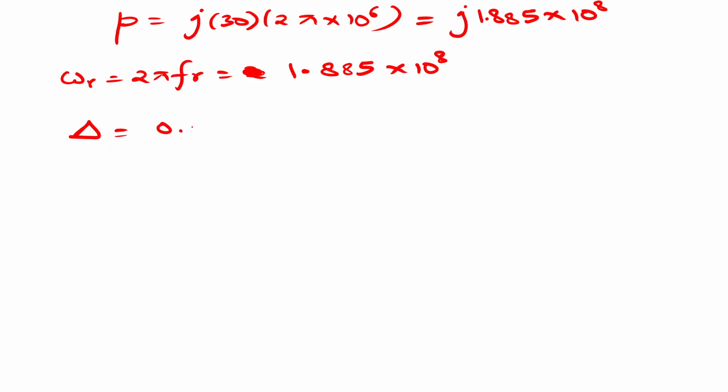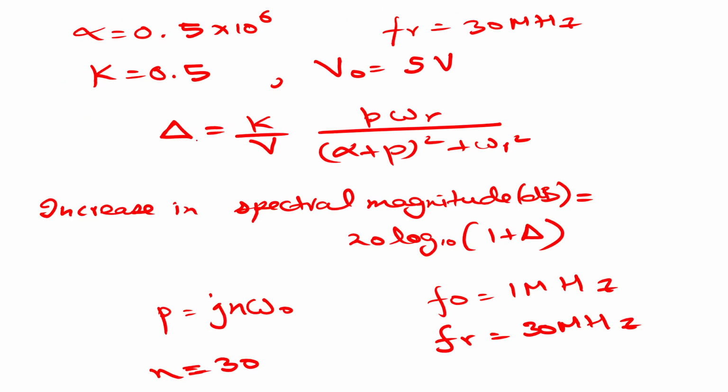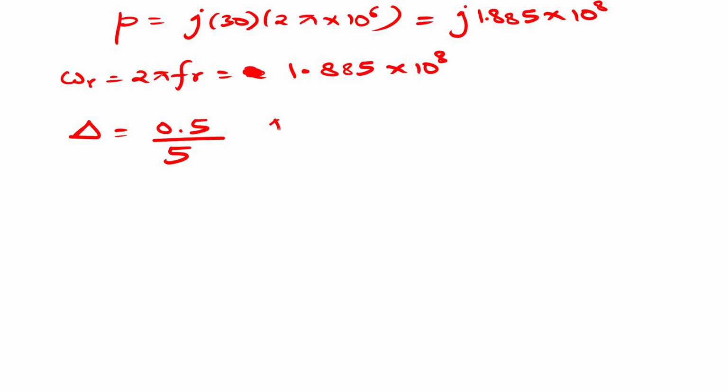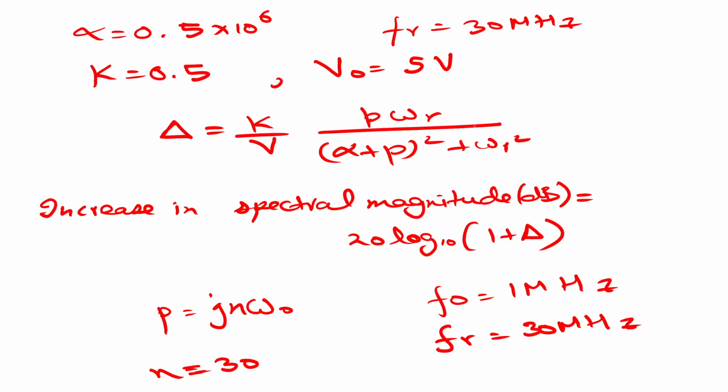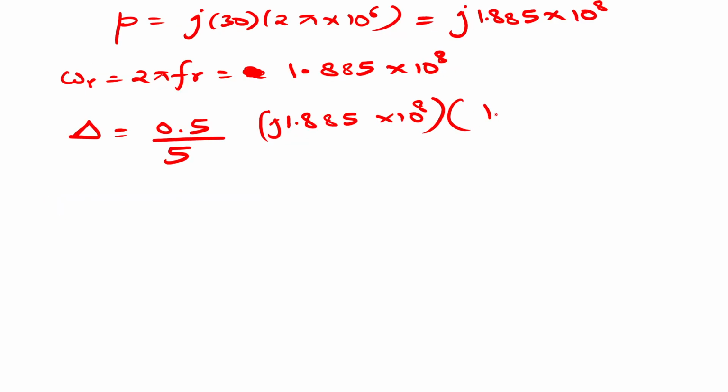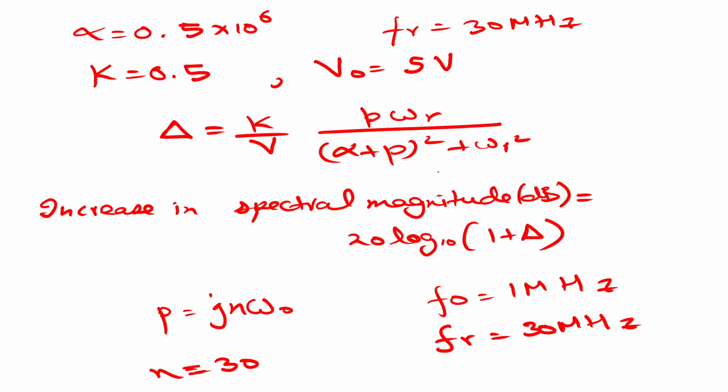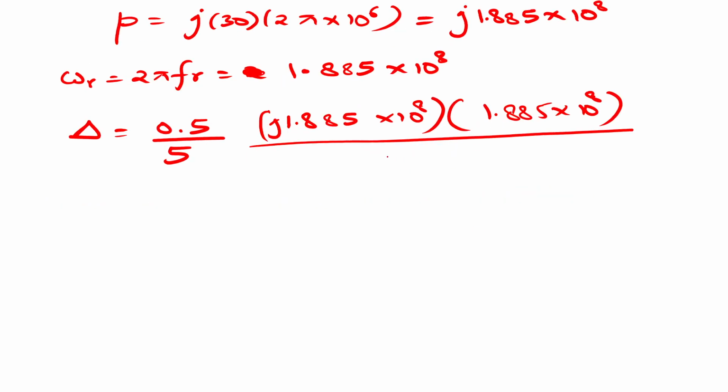Delta is K by V naught. K is 0.5, V is 5. Then it is P omega R. P we just calculated, j 1.885 into 10 to the power 8, is multiplied with omega R. So omega R is 1.885 into 10 to the power 8, divided by alpha plus P whole square.